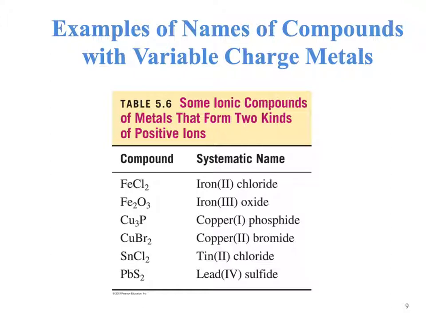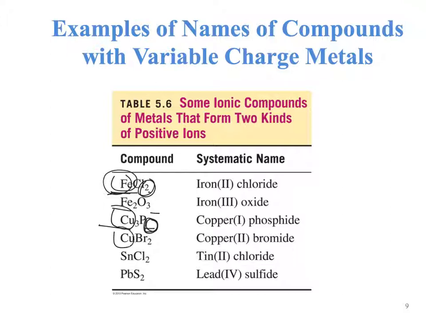So for example, what will be the charge of iron? Remember that the charge of iron in this case will be the subscript that you see here. So this will be iron(II) chloride, iron(III) oxide, copper(I) phosphide. You're going to look at the metal, you look at the subscript that the non-metal has, and that will be the charge.